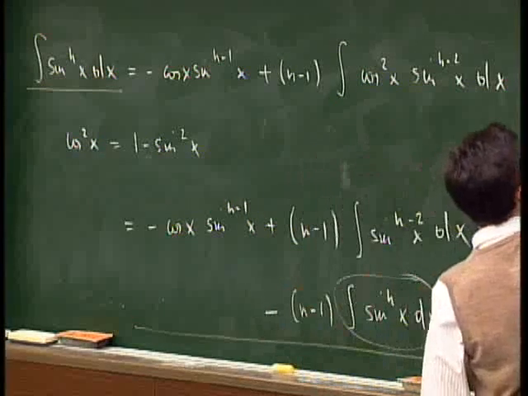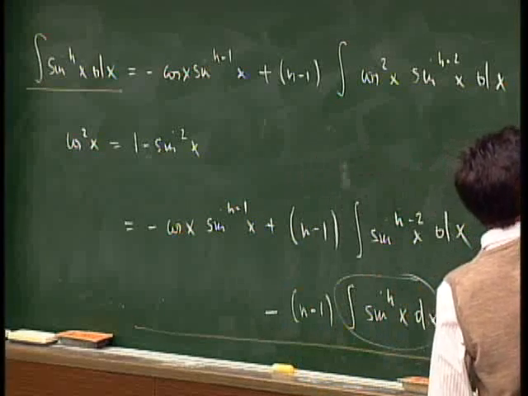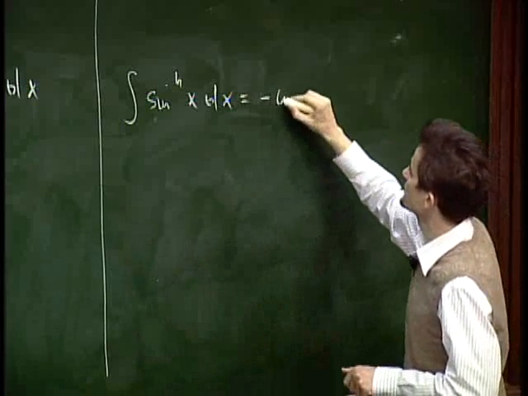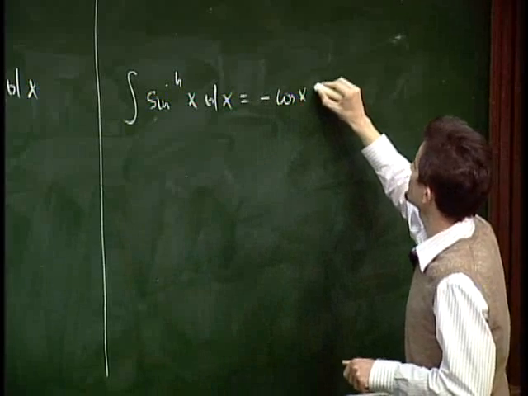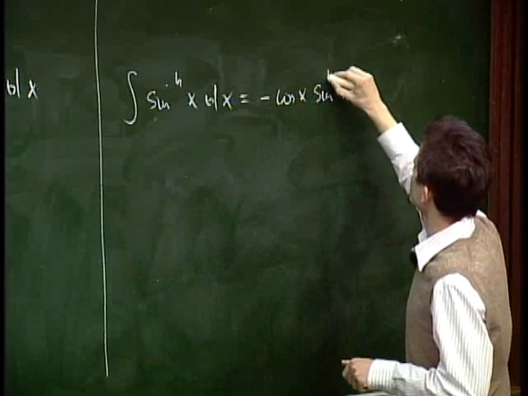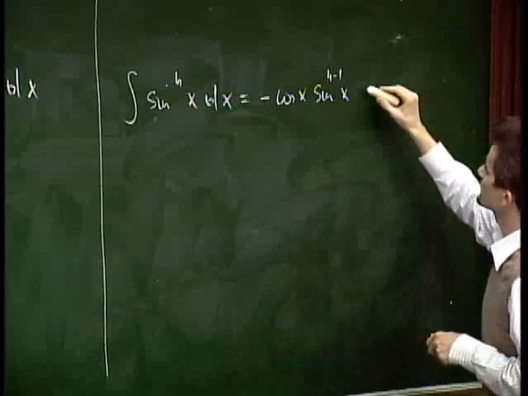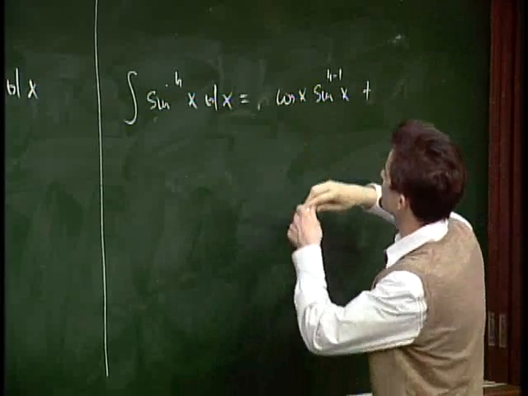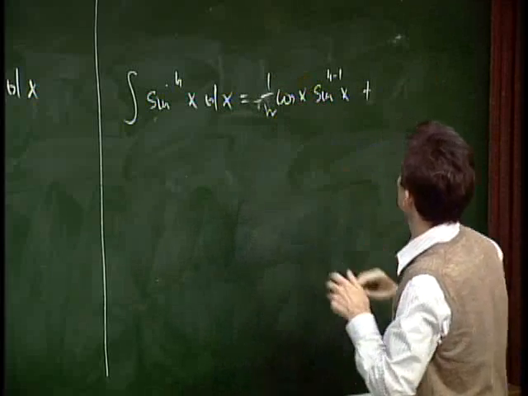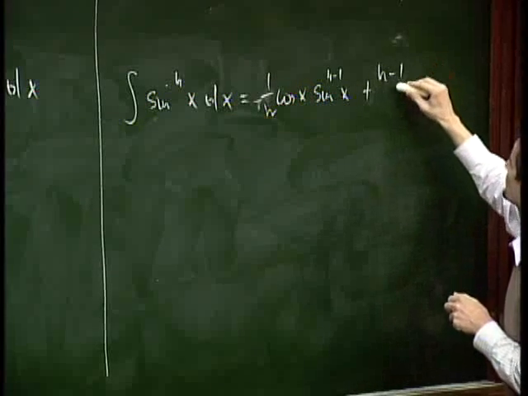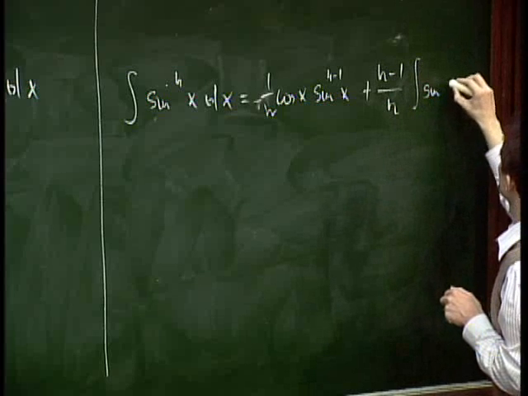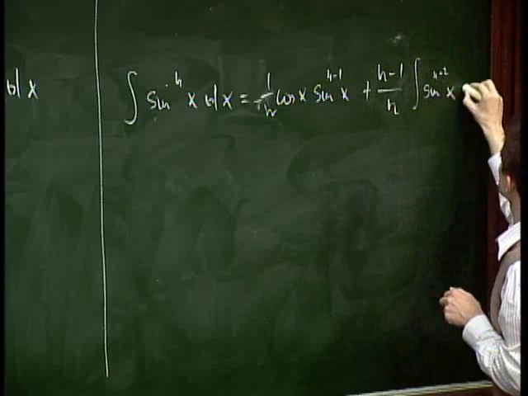The integral of sine n of x dx is equal to minus 1 over n times cosine of x sine of x to the n minus 1, plus n minus 1 over n times the integral of sine of x to the n minus 2 dx.